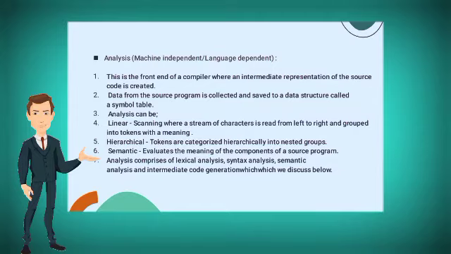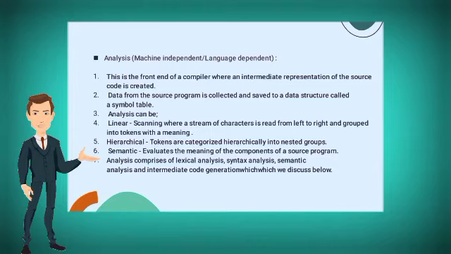Second, data from the source program is collected and saved to a data structure called a symbol table. Third, analysis can be done by linear scanning, where a stream of characters is read from left to right and grouped into tokens with a meaning.